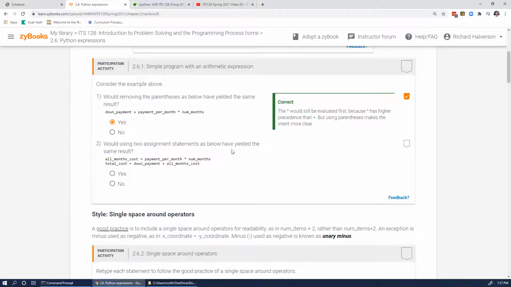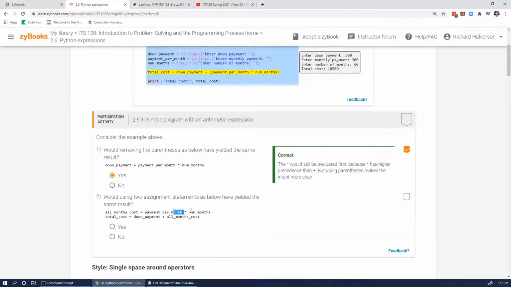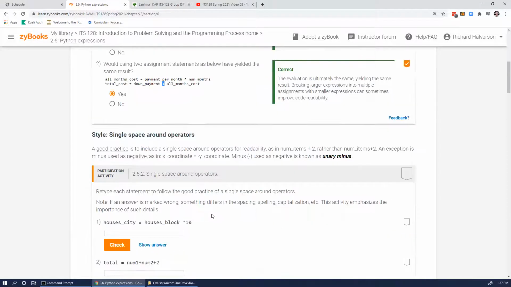Would using the two assignment statements below have yielded the same result? First you multiply those two, and you introduce this intermediate variable, and then the second thing you do is the addition. So yes, that would be the same.